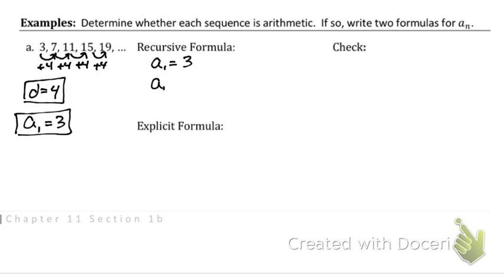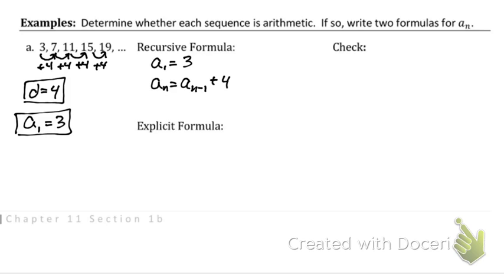Then we're going to write a sub n equals a sub n minus 1 plus 4. Our common difference is 4. That is our recursive formula. That's it. It says start at 3. Our next term is going to be the term before it, which would be 3 plus 4.